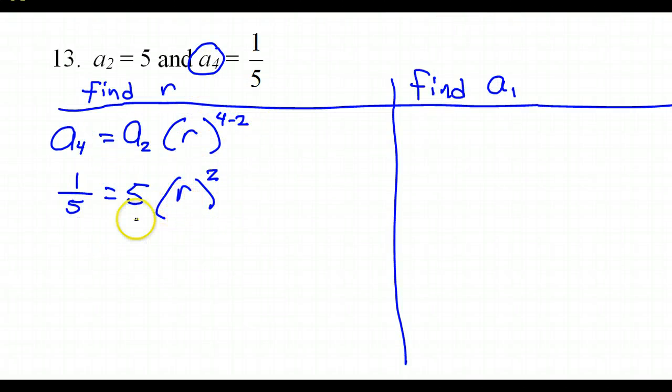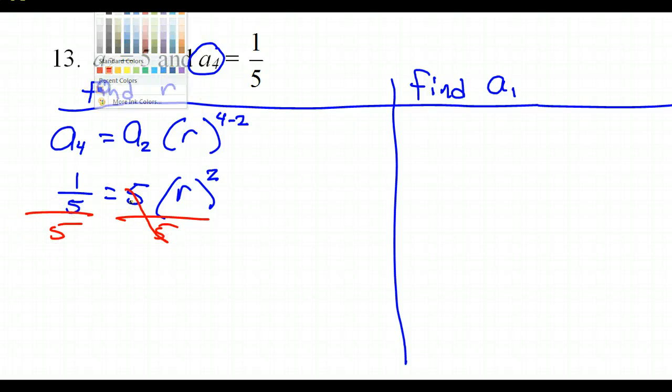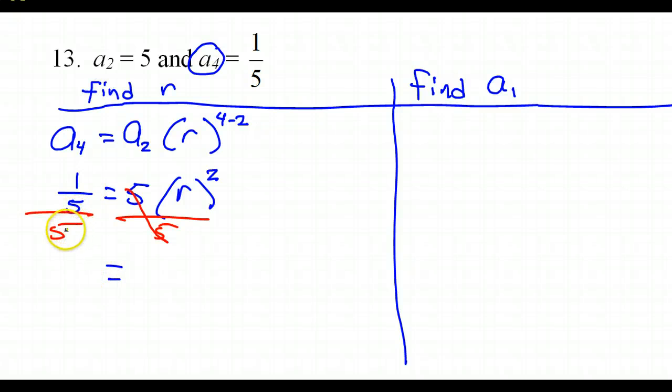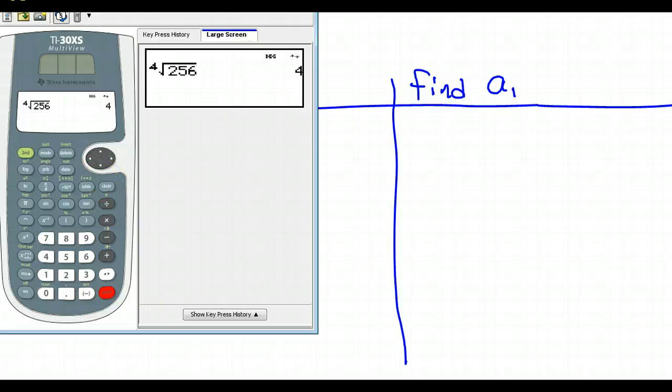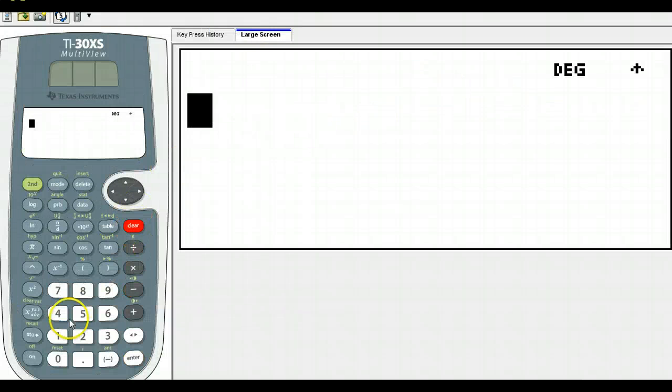To do this, let's divide both sides by 5. So if I divide by 5 on both sides, so these 5s cancel each other out. So 1/5 divided by 5. Now I know that's 1 over 25, but you might need a calculator, I don't know.